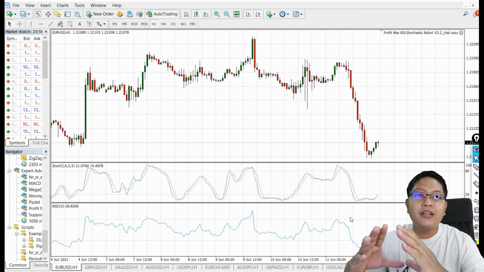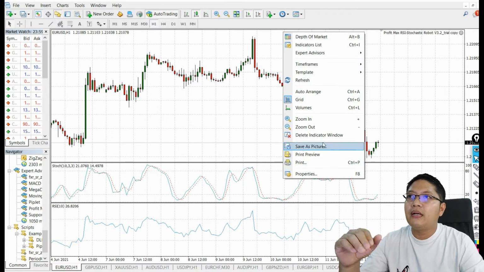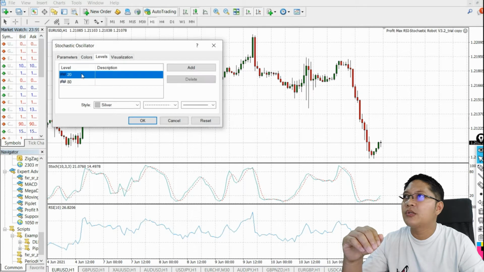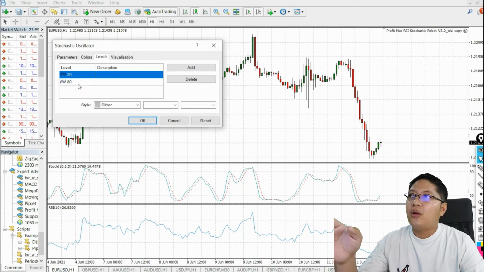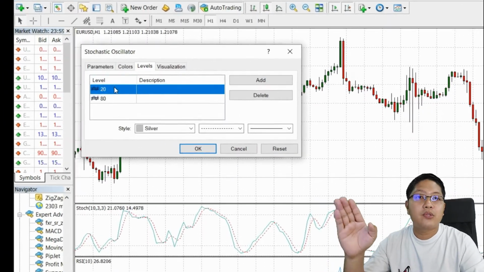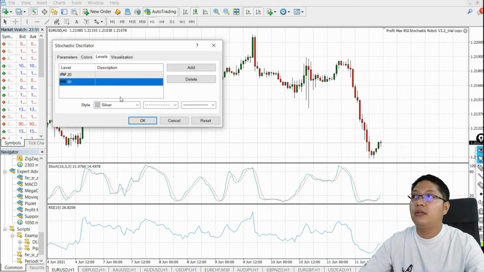The best thing, guys, is that normally I will use these settings right here. Go to Indicators and I will set the levels to 80 and 20. This is for Stochastic: I use 20 and 80, which are the oversold and overbought levels.